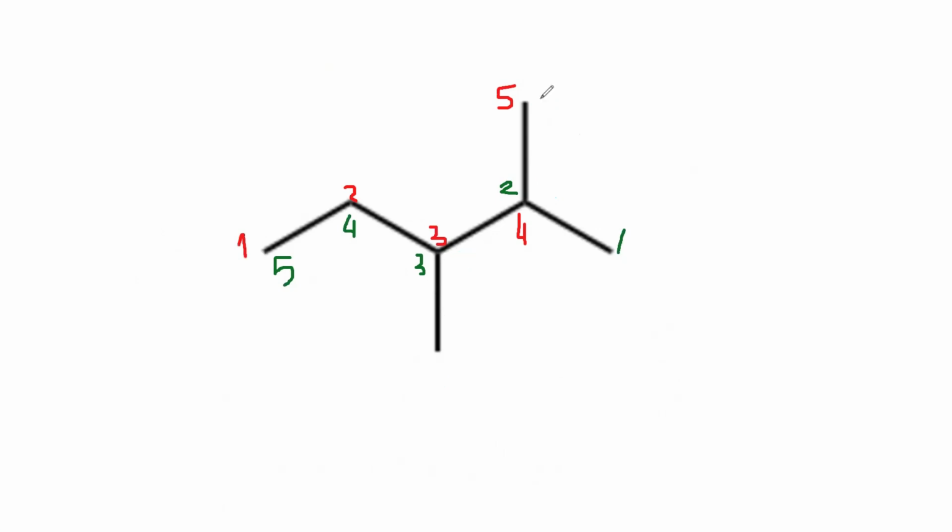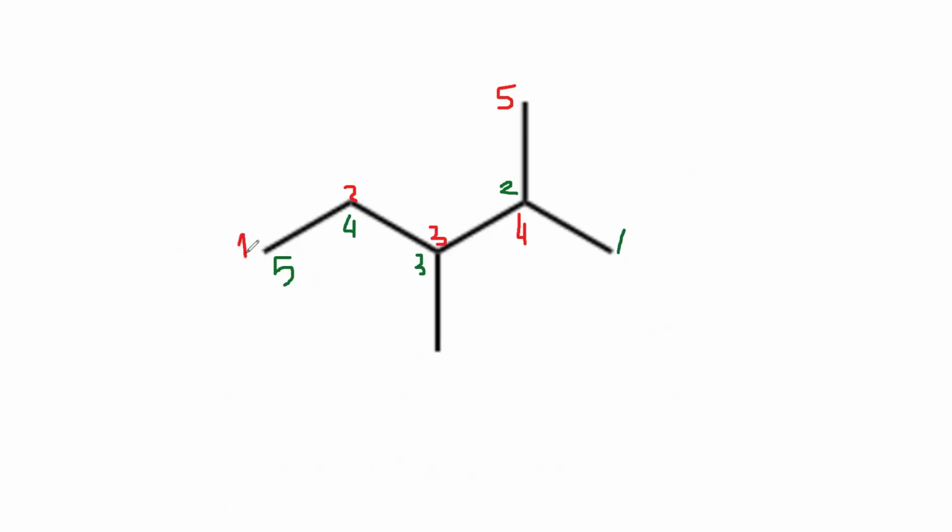Both of the 2 other numberings give 5, penta. So the main chain is penta, but which direction? According to the rule, we should have the carbon atom with the lowest number closest to the first branch. If we use the green numbering, the first branch is at carbon 2. But in the red numbering, the first branch is at carbon 3, right?